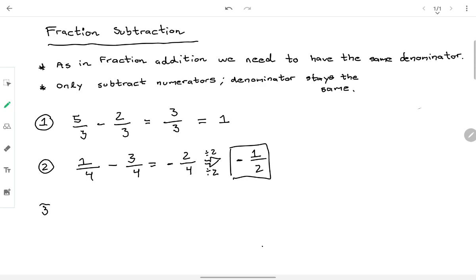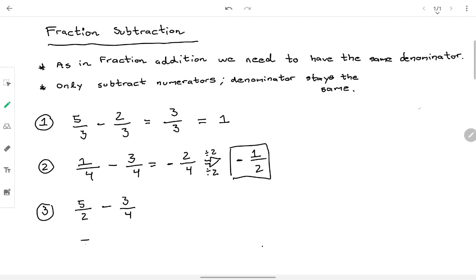So let's see another exercise. Imagine we have maybe 5/2 minus 3/4. So this one is a little different because we have different denominators. The first step is to look for the same denominator. In this case, we can do it by mind.